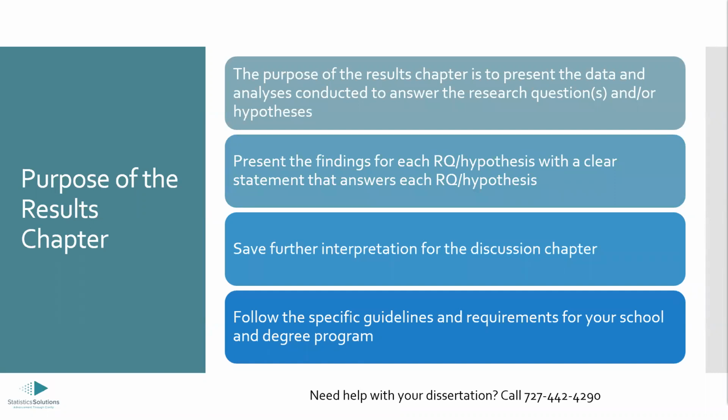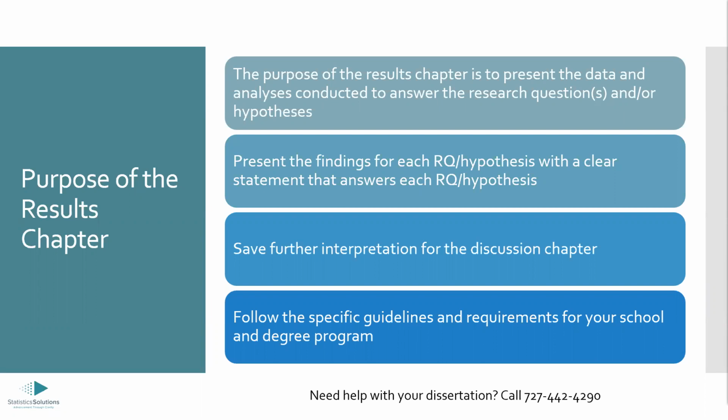So first, let's talk about the purpose of the results chapter. The results chapter is designed to present the data and the analyses that you conducted to answer your research questions and hypotheses. The earlier chapters of the dissertation are geared towards establishing why your research needs to be conducted and how your research is going to be conducted.